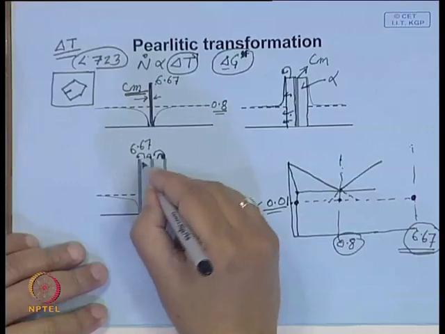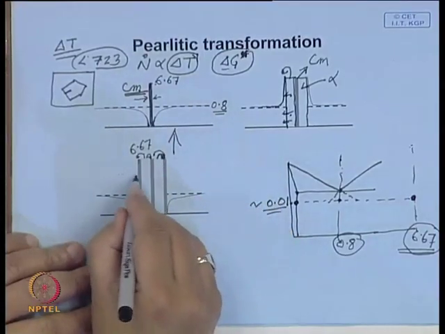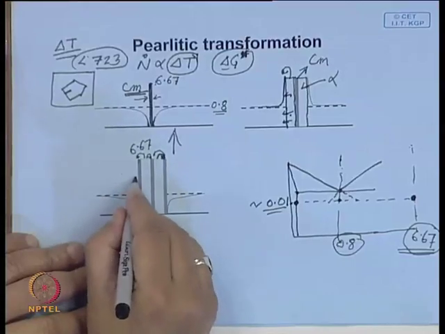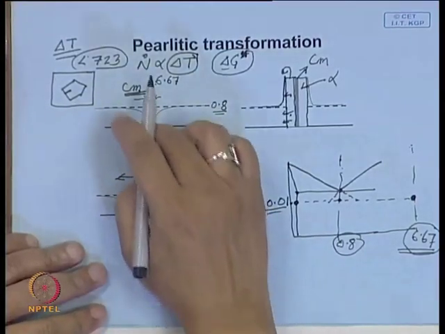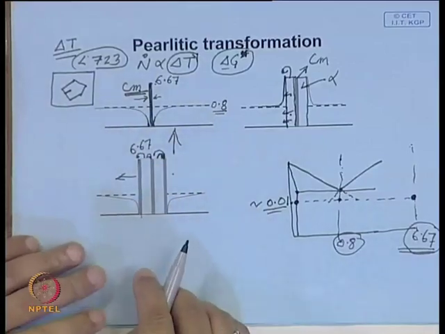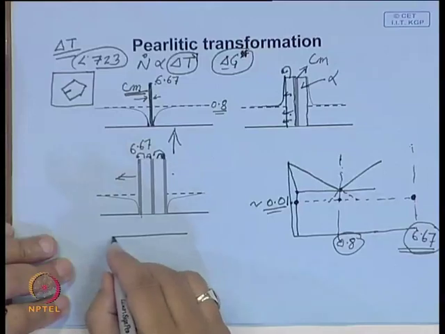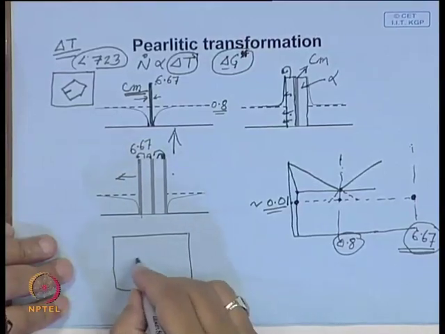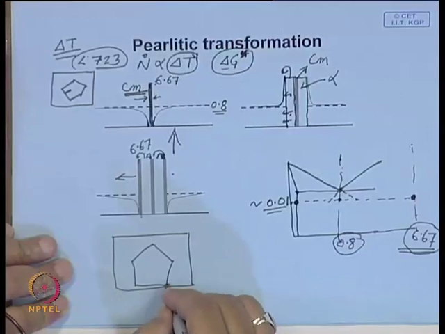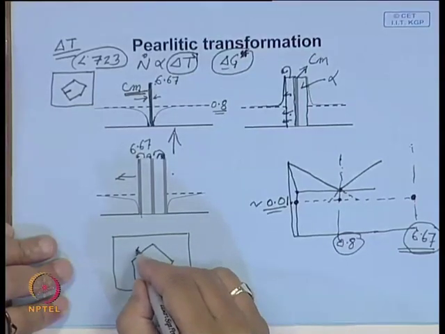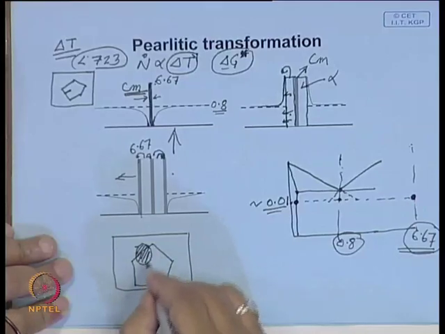and with this process these can grow in this direction, and through nucleation and subsequent growth it can grow in this direction. So it will grow in this direction as well as this direction equally, and ultimately in the microstructure, say if you have a grain of austenite, you have these pearlitic regions growing in all directions.